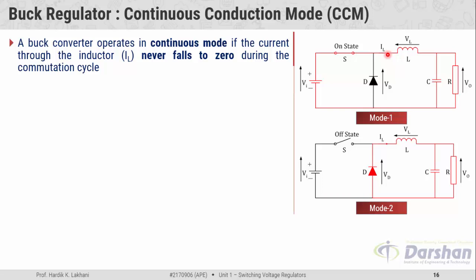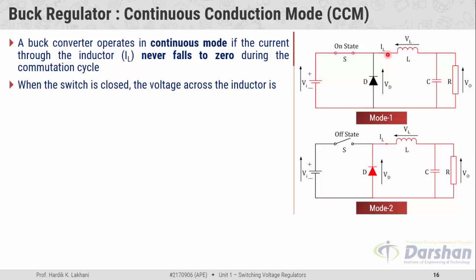You have seen the waveform of IL. The current swings between the minimum and the maximum permissible value. The current never reaches the zero value. So this mode of operation for the buck regulator is known as continuous conduction mode.